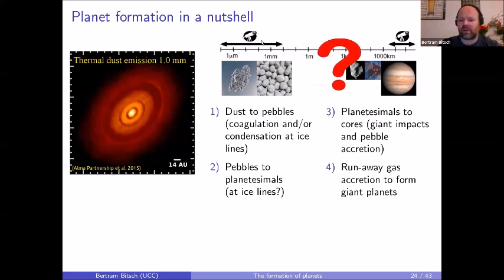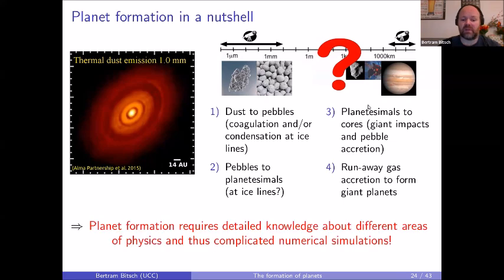We can observe the initial conditions of planets, the protoplanetary disks, for micrometer and millimeter sizes, and we can observe at the very end the final planets around other stars. But in between, we have no observations in other systems. In the solar system, of course, we can observe the asteroid belt, but we cannot do so in exoplanetary systems.